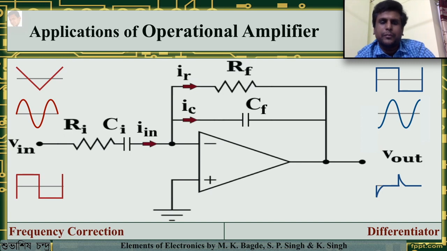This solves the problem and it gives a stable output at most frequencies. The differentiator among all op-amp circuits is the most unstable one and is not generally used in analog computers. Let us move on to the next topic, comparators.